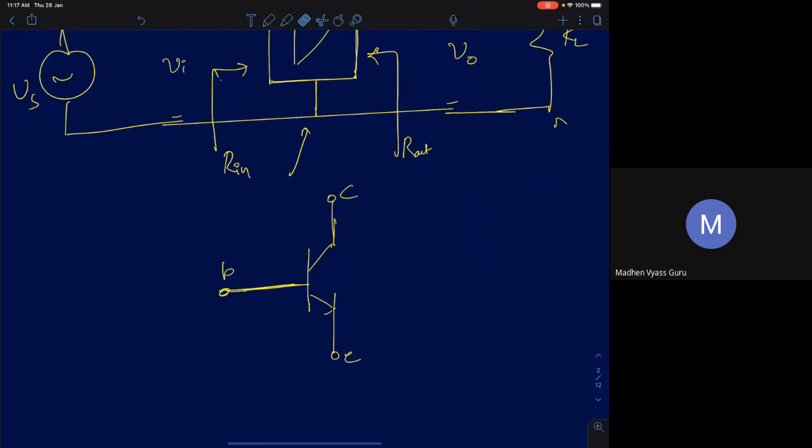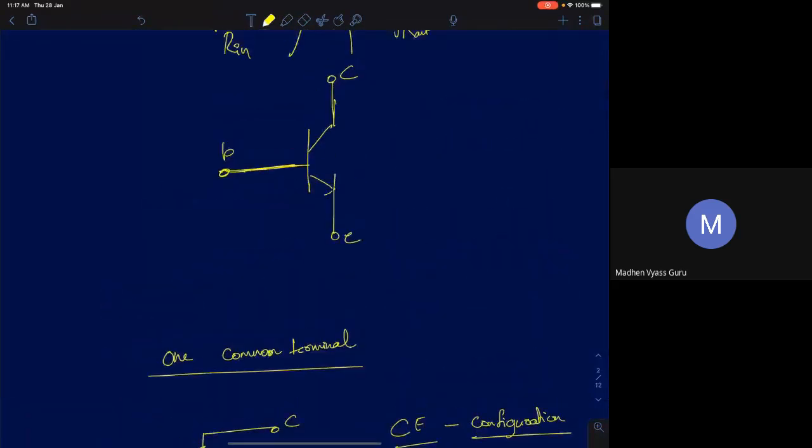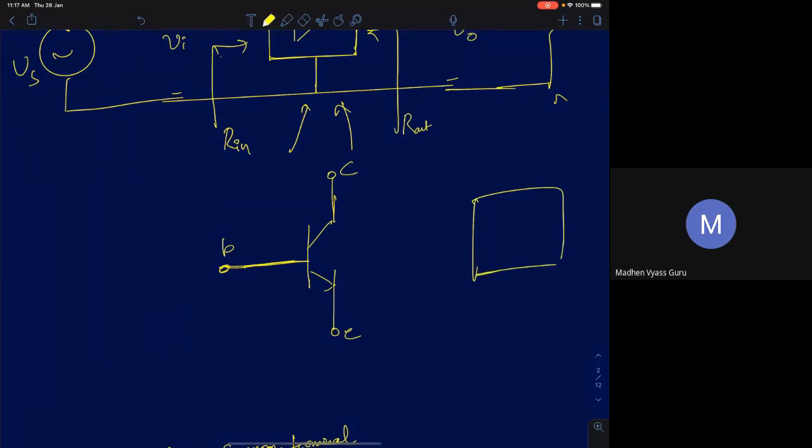Now look at this structure. The amplifier structure here has 3 terminals, right? The amplifier has 3 terminals: input terminal, output terminal, and, as I told you, there is a common terminal between the input and the output, the common ground terminal. Now a BJT also happens to be a 3-terminal device.